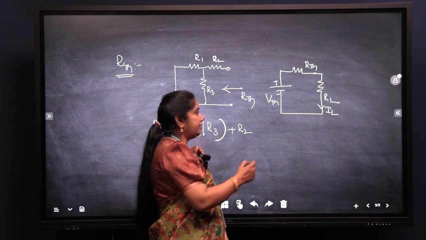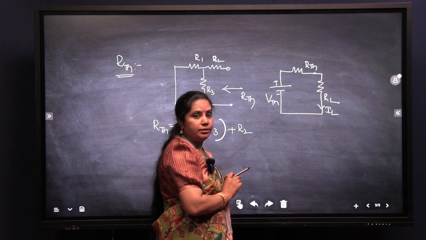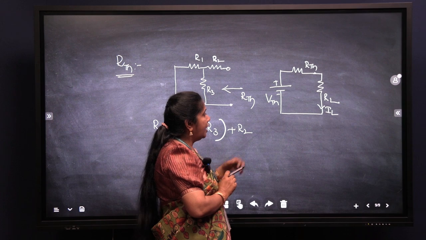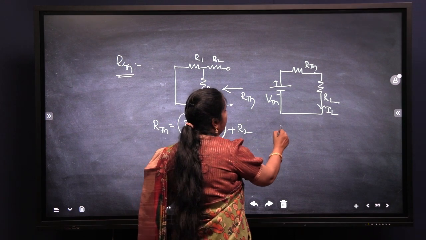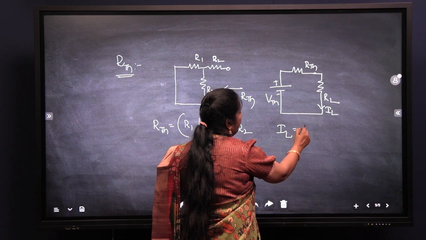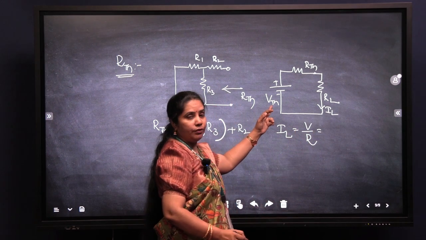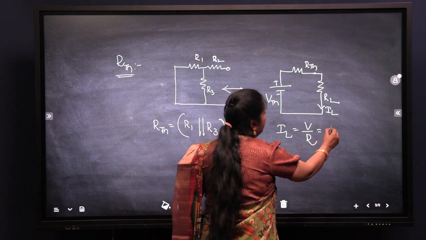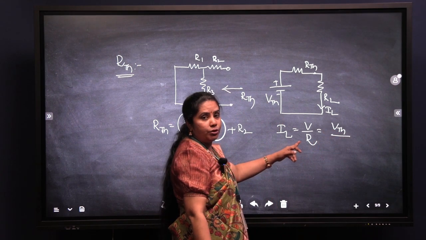How will we calculate? If you observe, your entire circuit has two resistances which are connected in series, and you have one single voltage source. So from Ohm's law, if I want to calculate current, it is voltage divided by resistance. What is the voltage you have in your circuit? Only a single voltage source, that is Thevenin's voltage. What is the resistance you have?